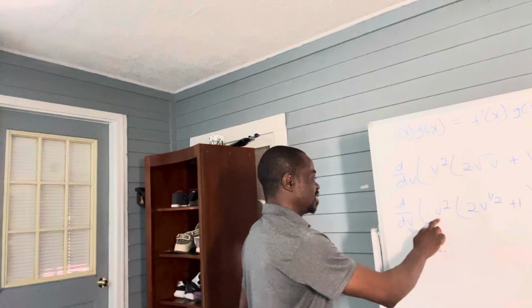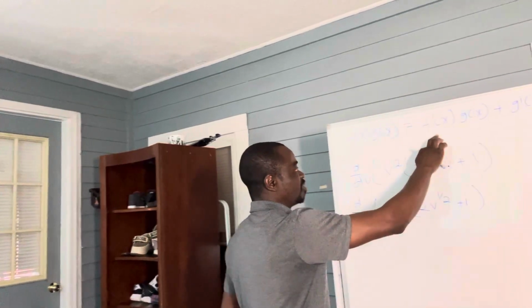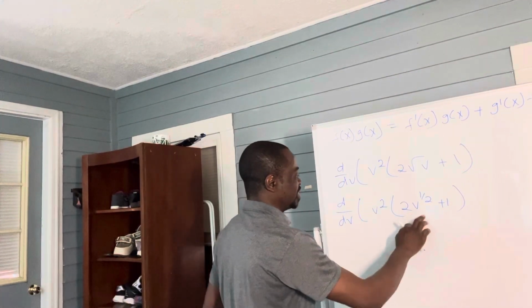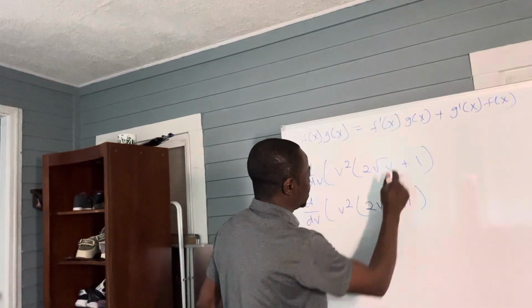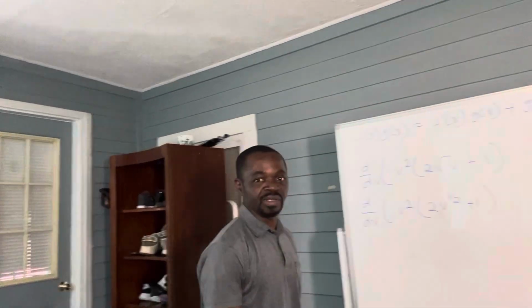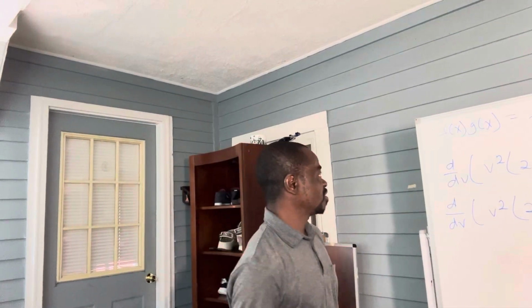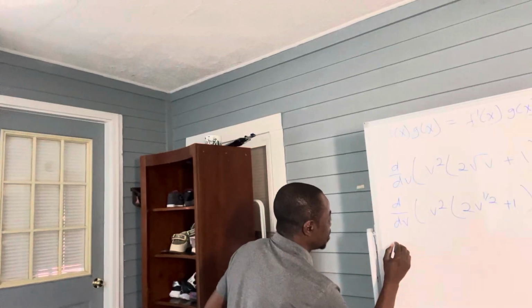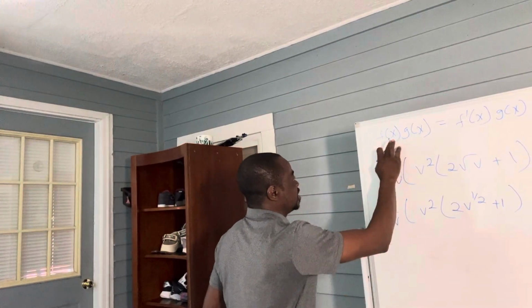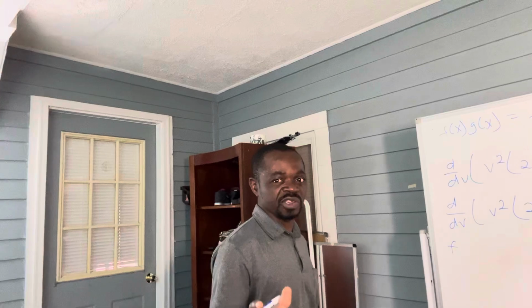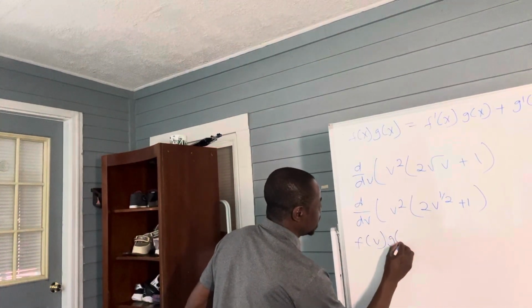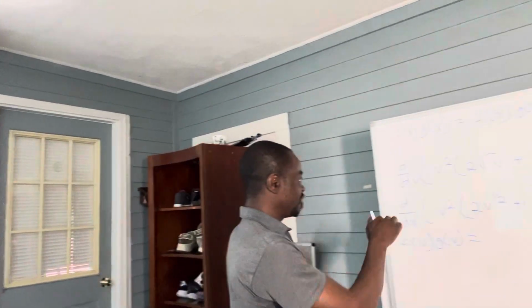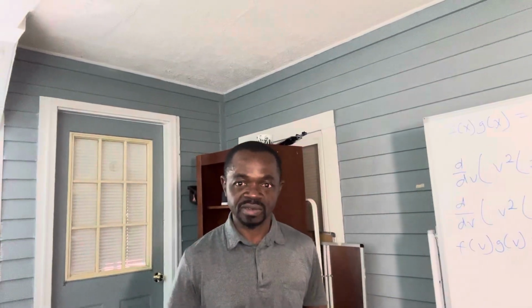So v squared is our f of x, and our g is 2v to the power half, then plus 1. Let's change this to v, because we are differentiating with respect to v. So you can say f of v, then g of v. First of all, we'll find the derivative of v squared.